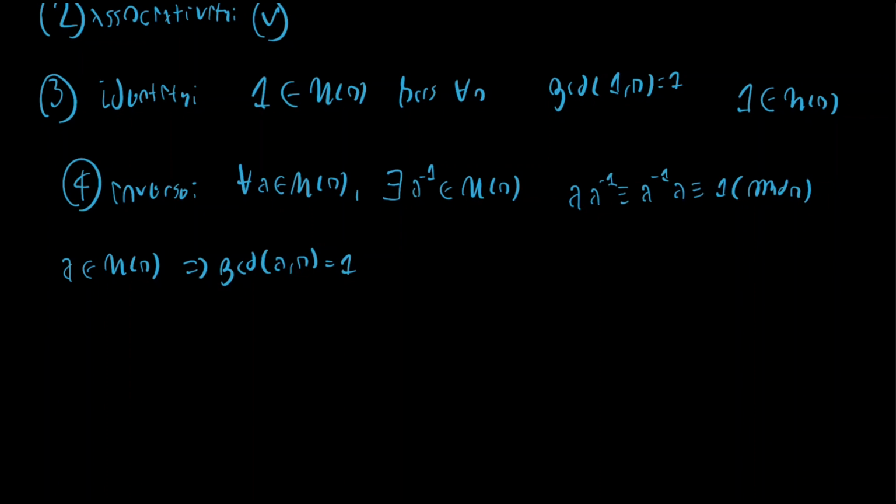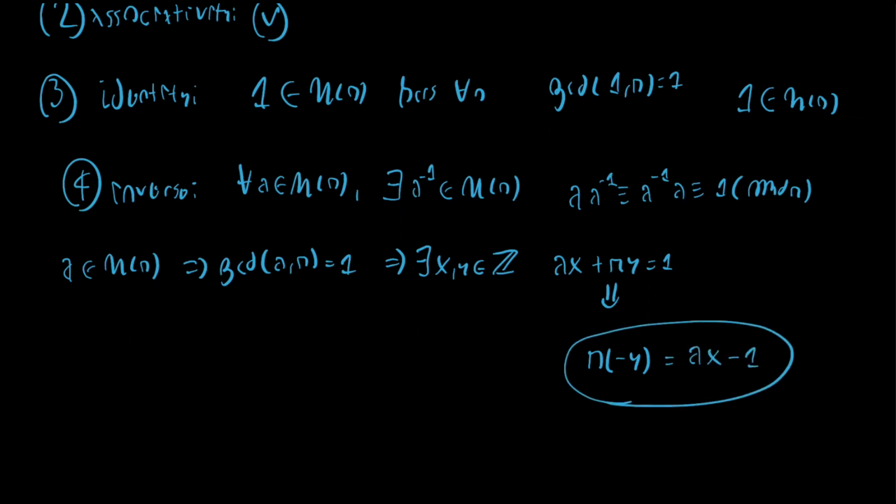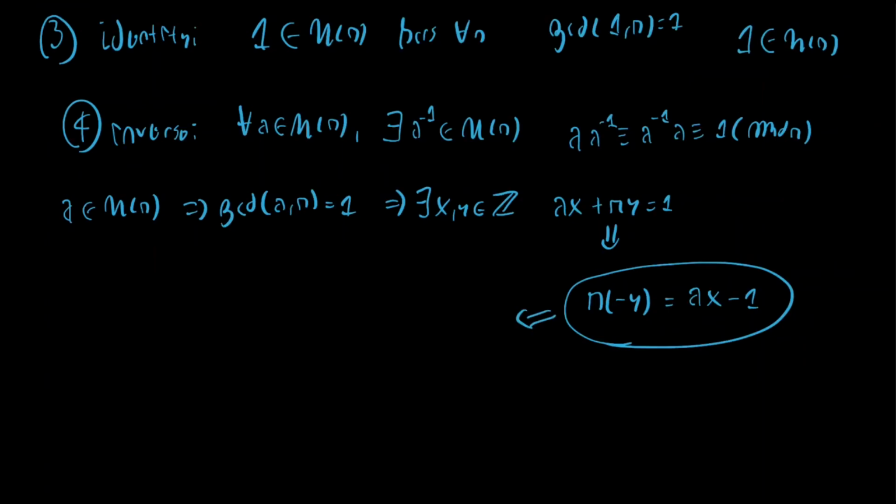But by Bezout's identity, we know that there exist x and y in the integers such that ax plus ny is equal to 1. Or in other words, n times minus y is equal to ax minus 1. But this just means that n divides ax minus 1.